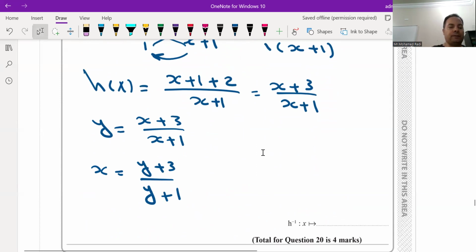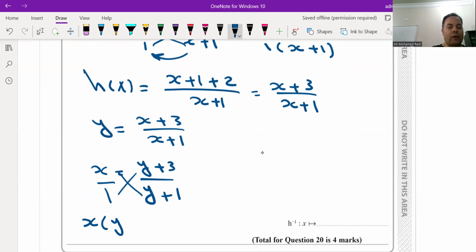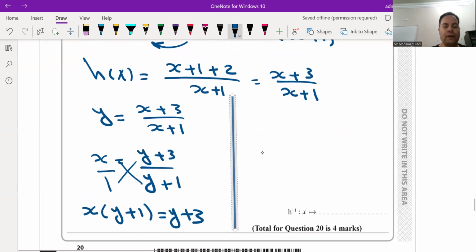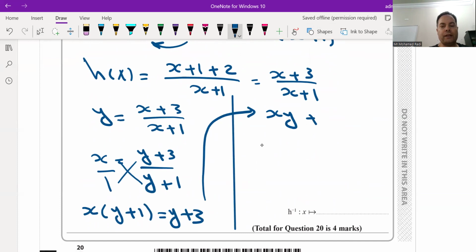Cross multiplication. So x multiplied by y plus 1 is equal to y plus 3. Expand. So when you expand, it will be x times y plus x is equal to y plus 3.